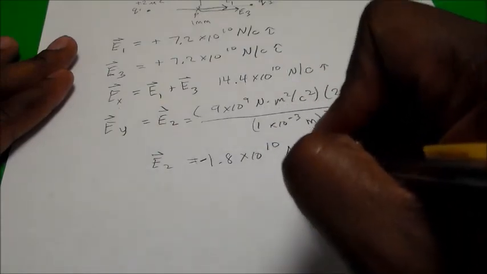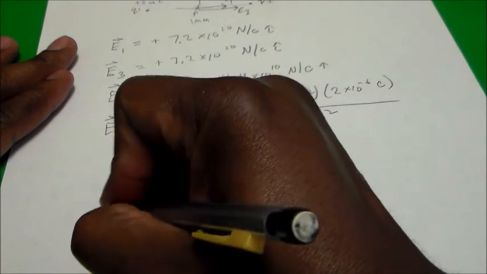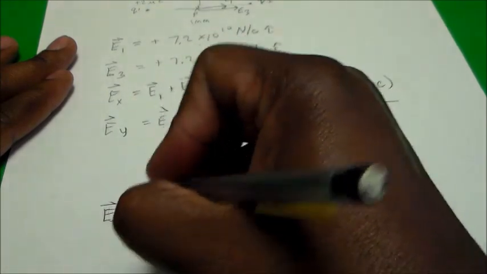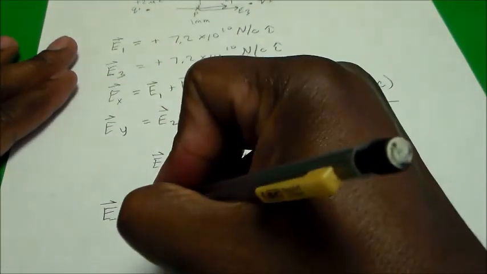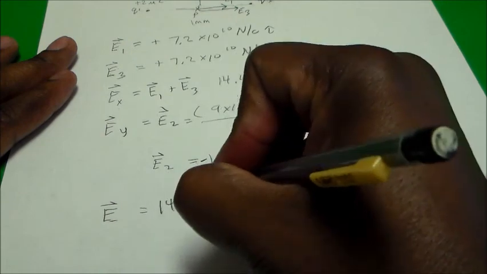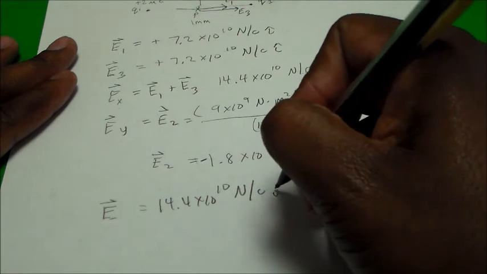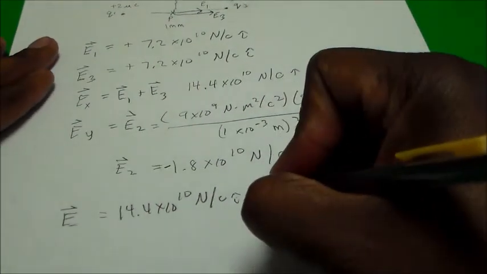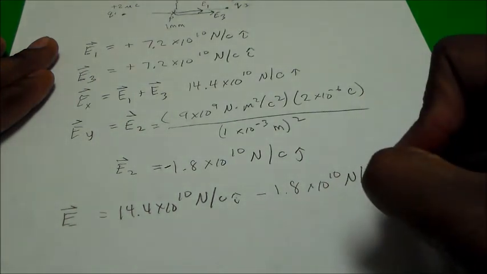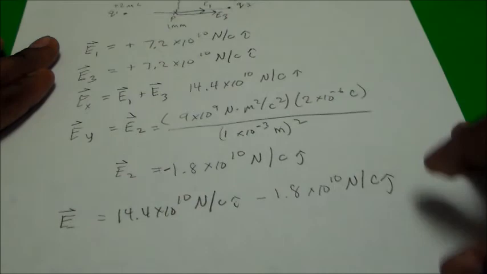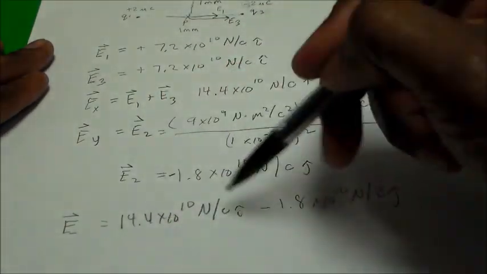So what that means is that we end up with an E field at that point equal to 14.4 times 10 to the 10th newtons per coulomb in the x direction minus 1.8 times 10 to the 10th newtons per coulomb in the j direction. Okay, and that ends up being the answer for this problem.